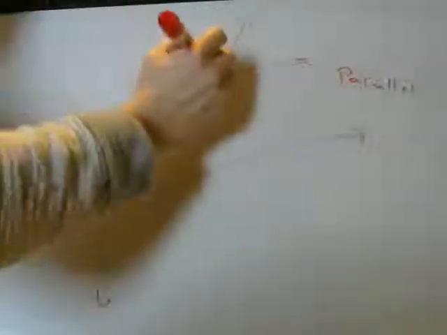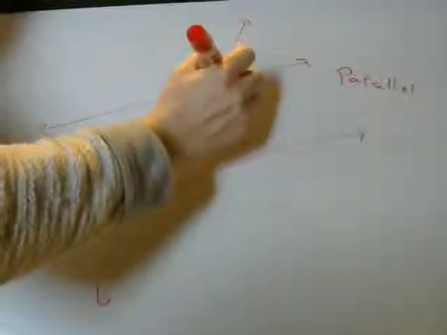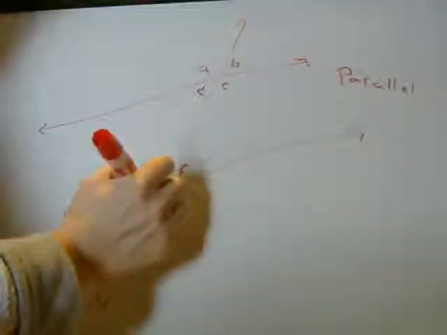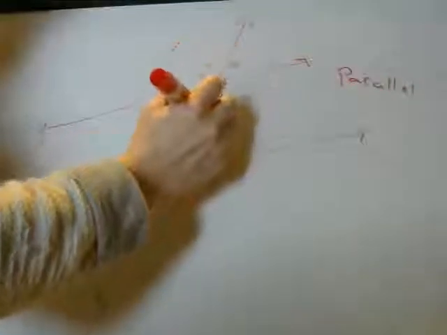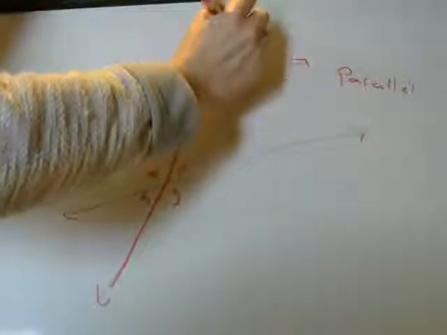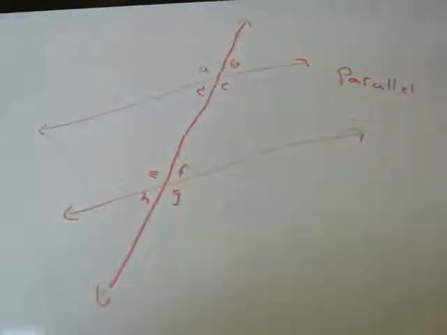They're always going to be across from each other. They will never intersect. So if you have two parallel lines and you intersect them with another line, I'm going to label these angles again: A, B, C, D, E, F, G, and H. So here we have this line that goes through two parallel lines.